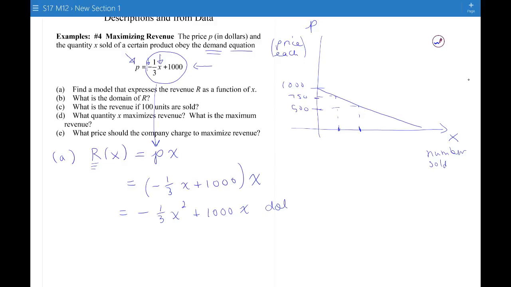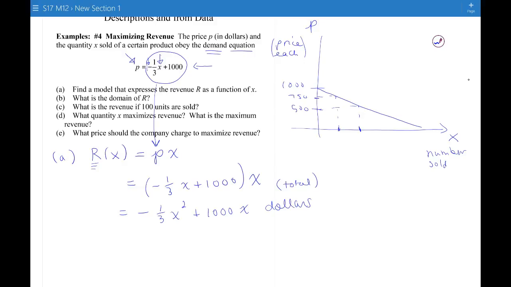So this is in dollars, because price is in dollars each, and X is in number of units. So this is total dollars, if you like, of the total income from selling that many of the product.